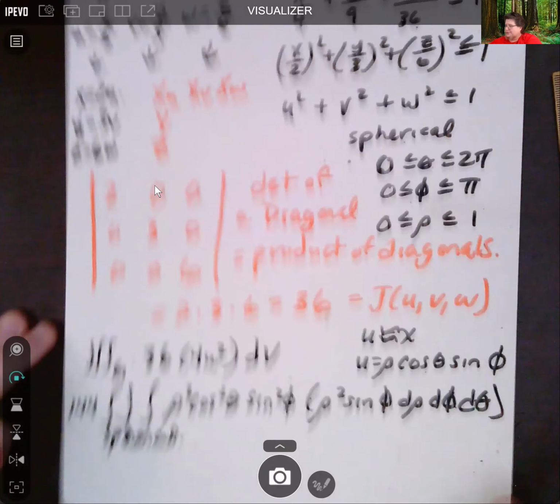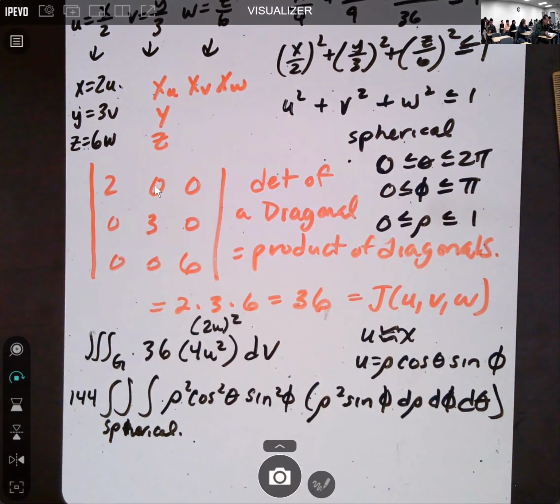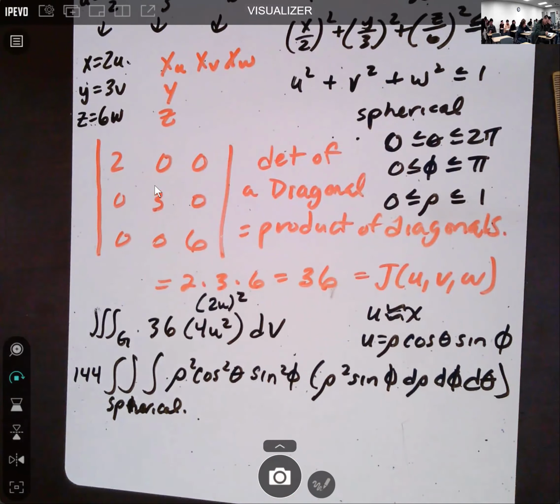So the quantity 2u squared. You're taking x to u and multiplying it by your two matrix of one. Then you have the second one negative, and it's the difference of y, z, and z.